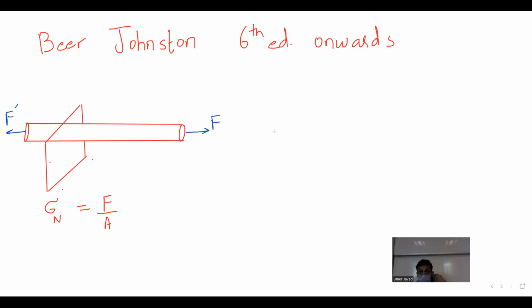I am applying a load like this, and exactly the same load like this.